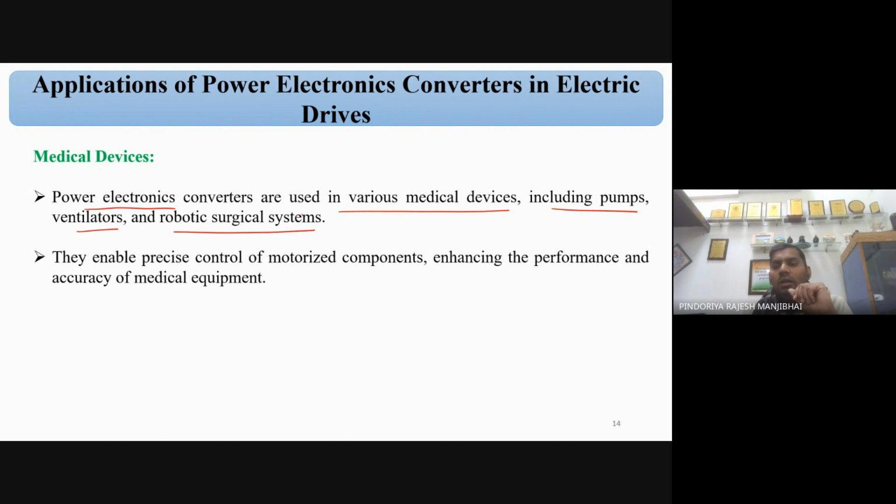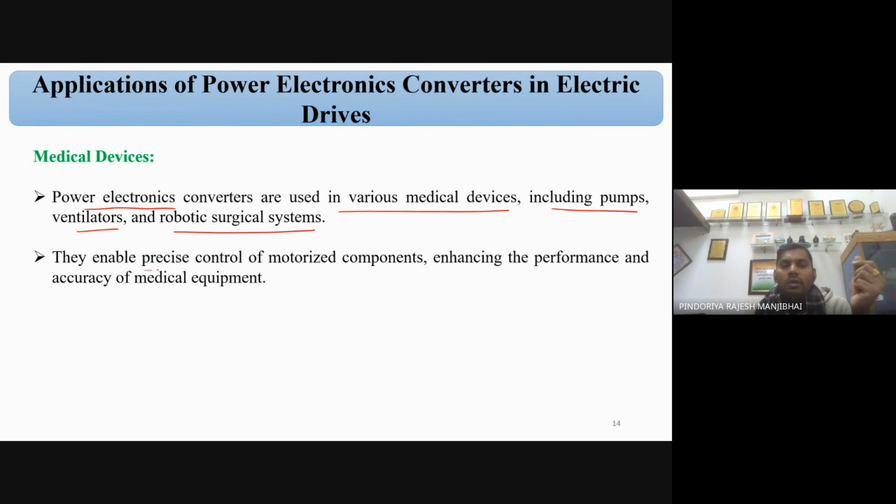Because nowadays, in many hospitals, robots are used for surgical systems. Correct. Even in military applications, robots are used. So everywhere nowadays we use robots. Correct.